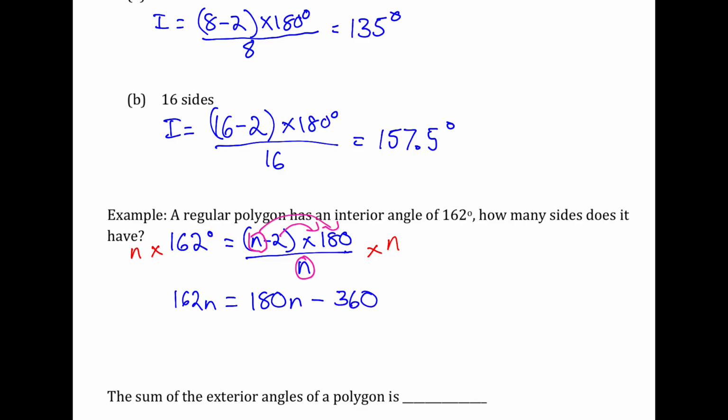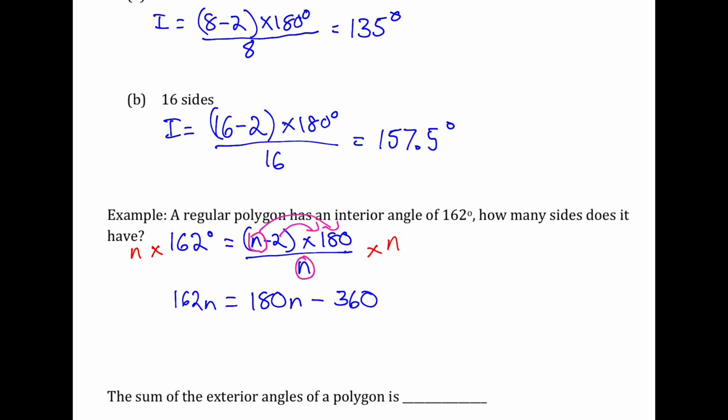The 360 here comes from 2 times 180. That's that step there. Now we've got this one. We still have 2 n's. What shall I do next? Which math? I want to do one of the operations: add, subtract, multiply, or divide.